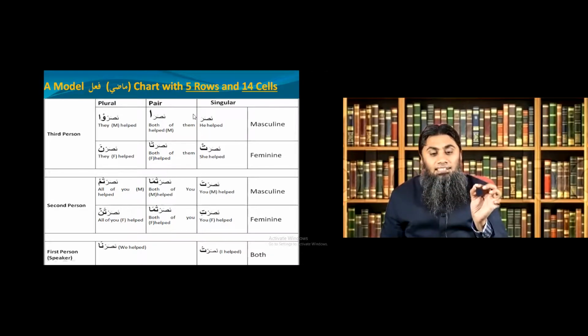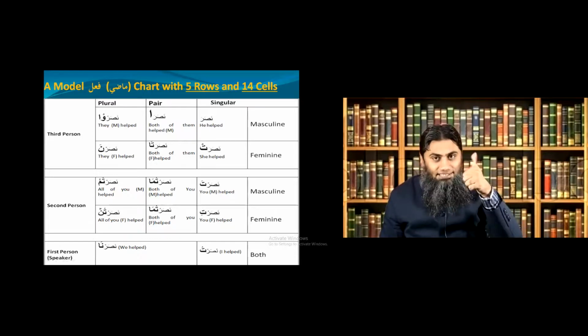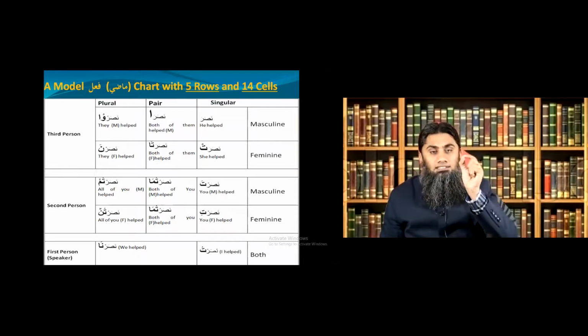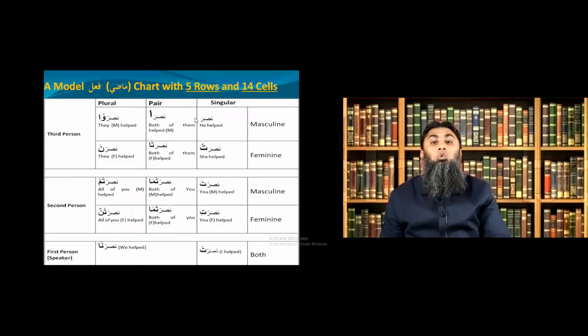Something is being added at the end, and that something is telling you two things: gender and the doer in terms of number. The gender of the doer and number of the doer. This is what you recognize from the ending.